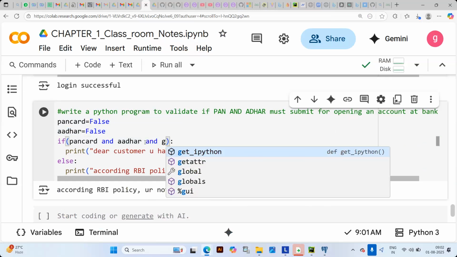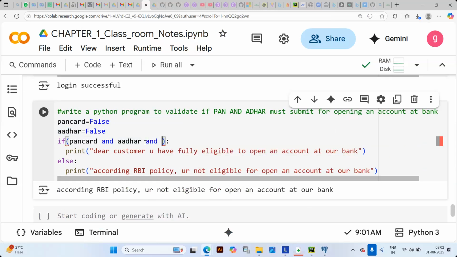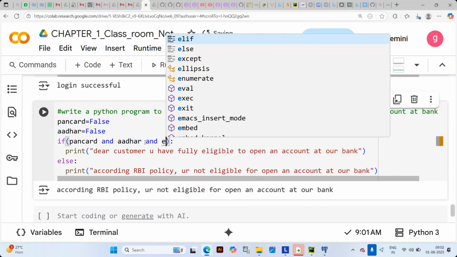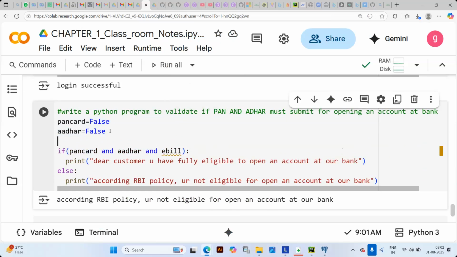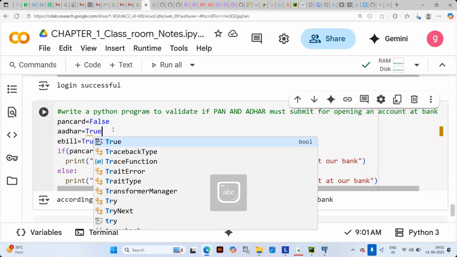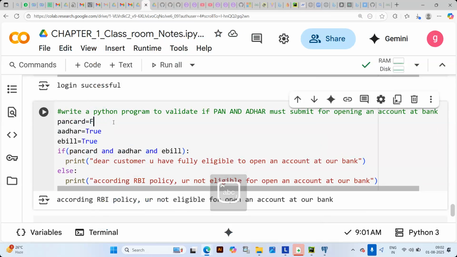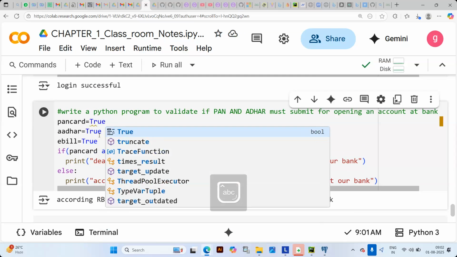Probably if I'm the owner of the house, then I might submit an electric bill. If the electric bill is submitted and Aadhaar is submitted and this particular thing is submitted, then only you will be able to open an account.